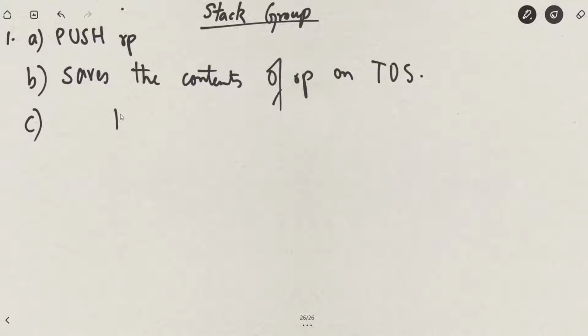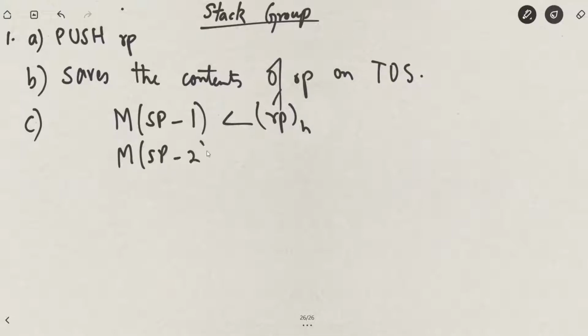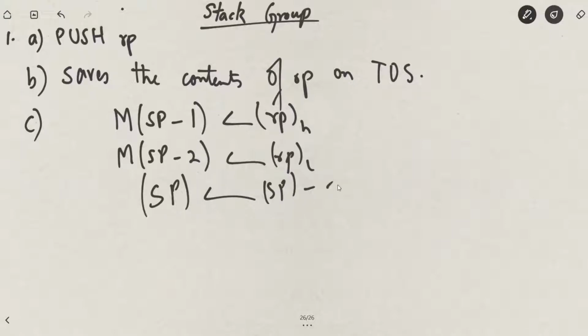What will happen is, at SP-1, the most significant byte of the register pair will be stored, and at memory location SP-2, the least significant byte of the register pair will be stored, and the stack pointer itself will be decremented by 2 during this process, so that it points to the next memory location in the stack memory itself.